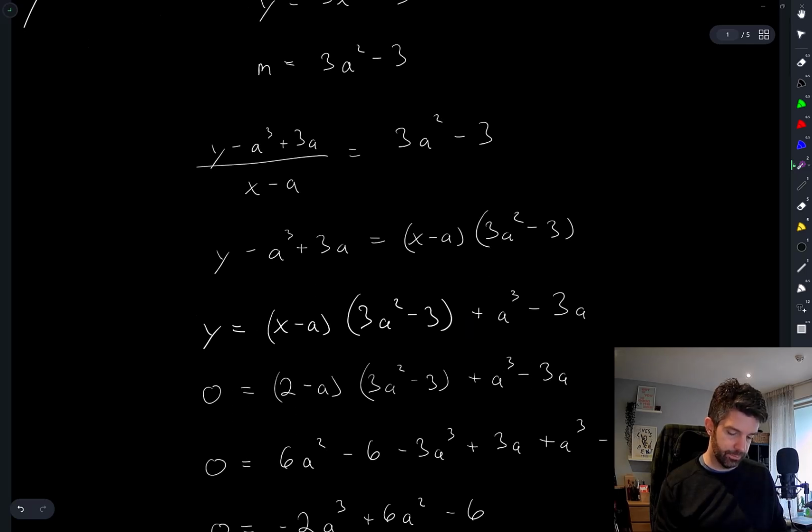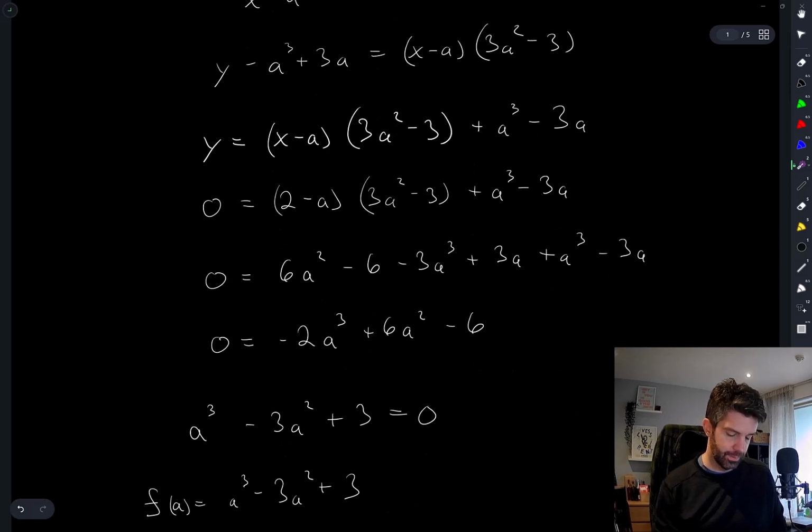Rearrange this. Force it to pass through the point (2, 0). And expand: 6a squared minus 6 minus 3a cubed plus 3a.